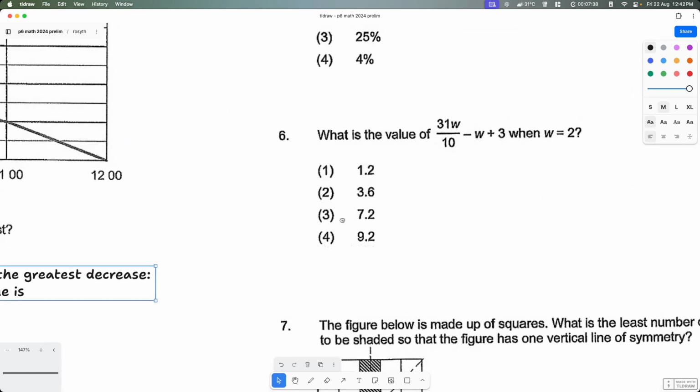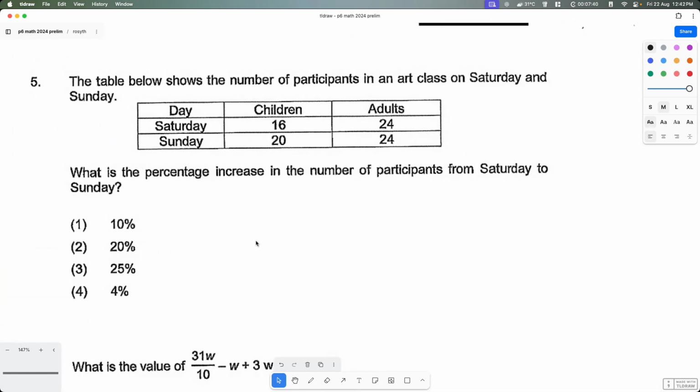Okay, let's move on to question number 5. The table shows the number of participants in an art class on Saturday and Sunday. What is the percentage increase in the number of participants from Saturday to Sunday? Saturday is 16 plus 24, which is 40.